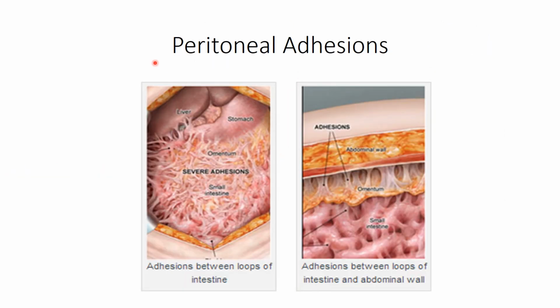Following disruption of the peritoneal fold through a stab wound, the cut surfaces are initially healed by fibrin, and after healing, this fibrin is replaced by scar tissue, which is adhesive.